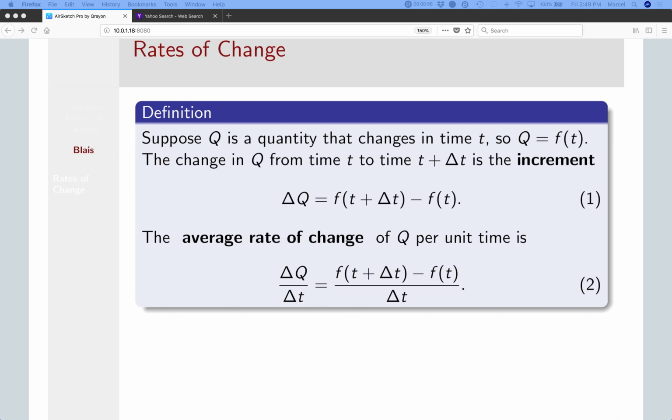So think of this as being over the interval t to t plus delta t. F of t, that's how much of Q you have at the beginning of the interval. And f of t plus delta t is how much you have at the end of this interval.